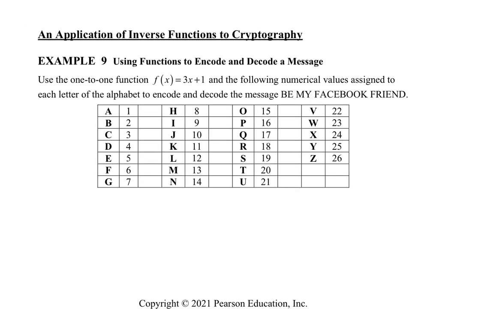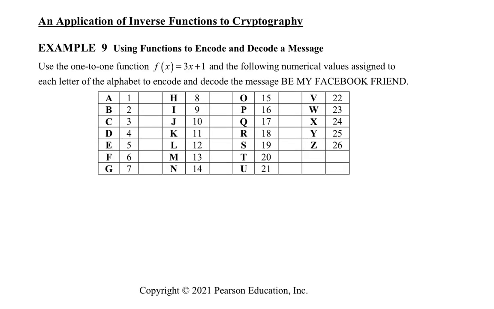So our last one here, and this is kind of cool if you like decoding. We're going to use this function here. Basically how it works is if you wanted to encode and decode, here's your message: be my Facebook friend. I know that B corresponds with the number 2. These are going to be my x values.